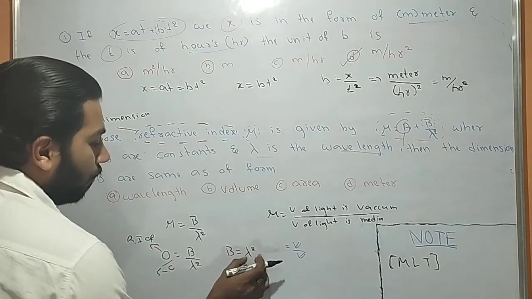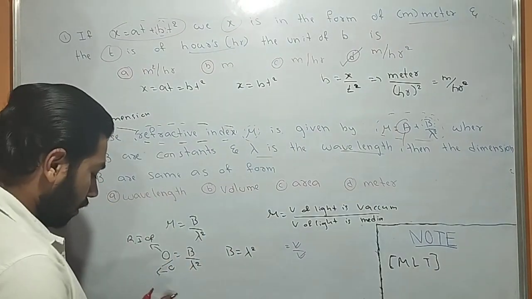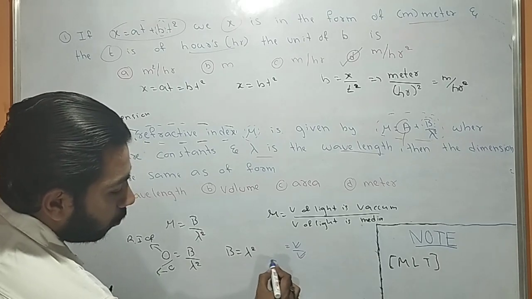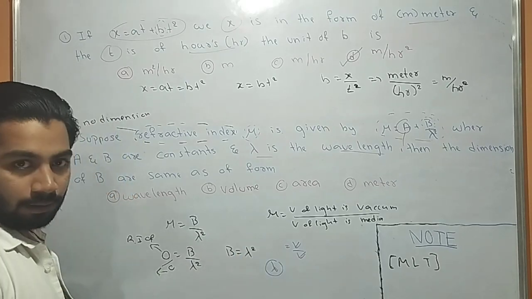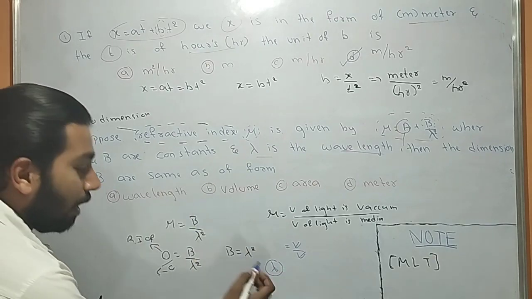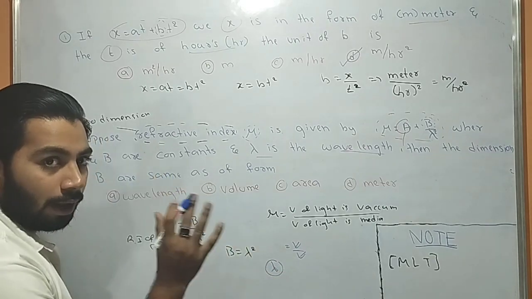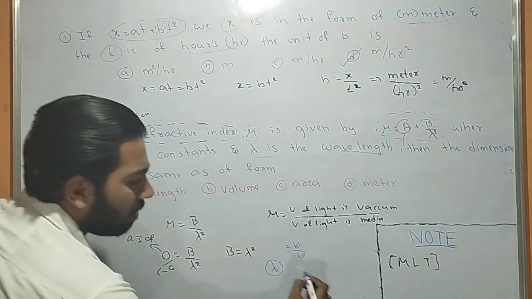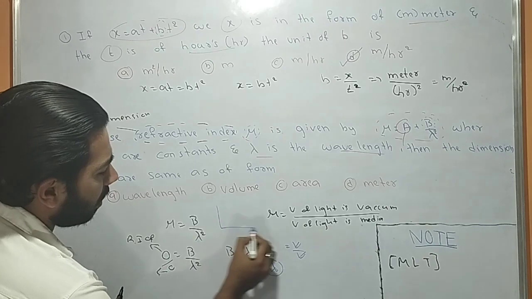So now we measure this. Just listen to this carefully. If it is only 1 mu, then it is called wavelength. Suppose if it is 1, then it is wavelength. If it is cube, it is square, then it is area. Because wavelength, just listen. This is length, this is length.